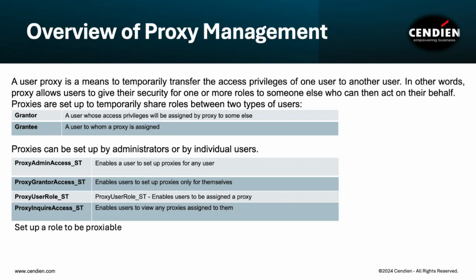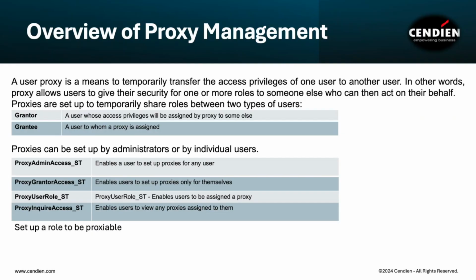These are some of the roles which are required for administrators or the users to work with proxy configuration. Proxy admin access underscore ST enables a user to set up a proxy for any user. Proxy grantor access enables a user to set up a proxy only for themselves.